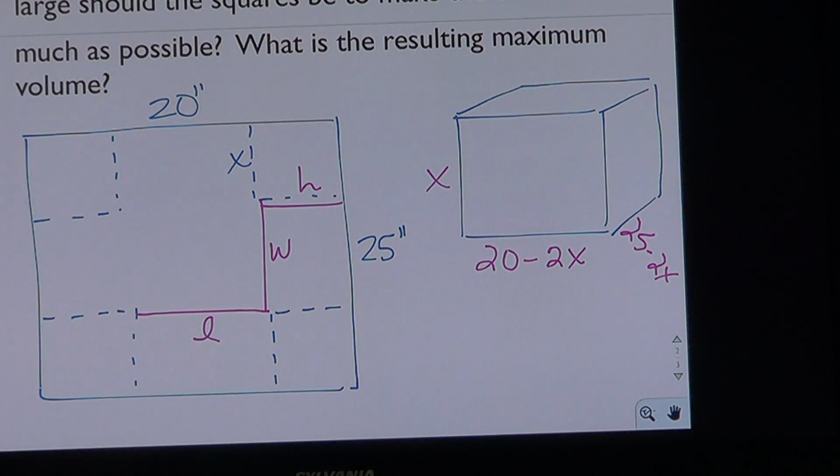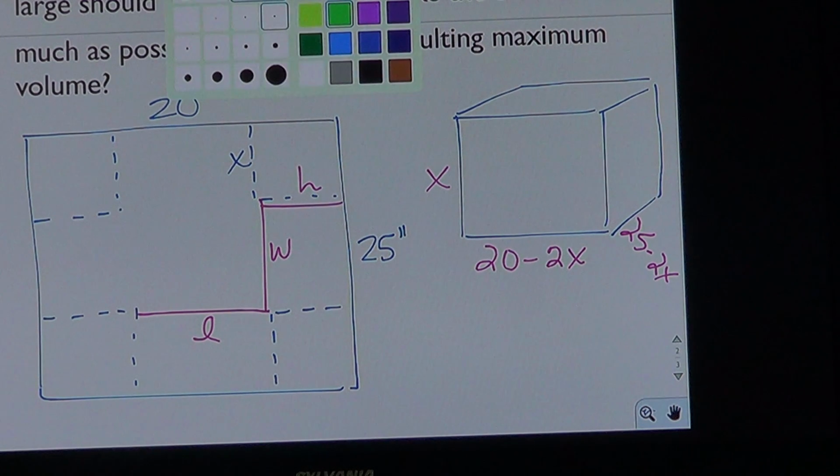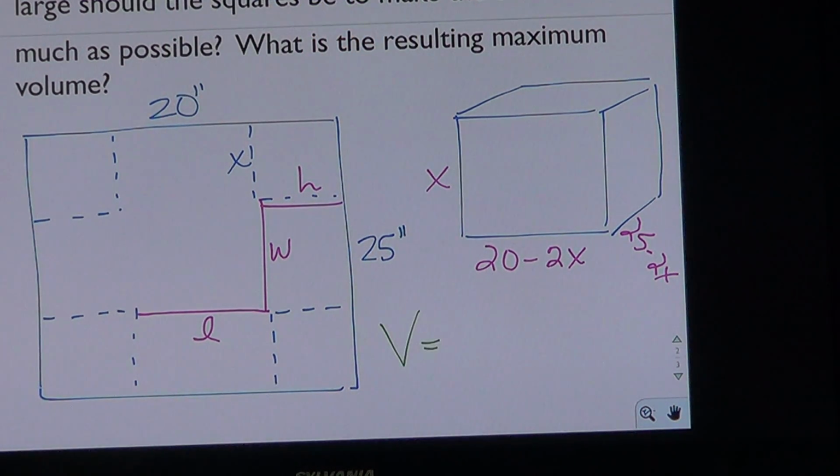So we're trying to maximize the volume of the box, right? So what would be the function for the volume of the box? Do you know how to find volume of a box?